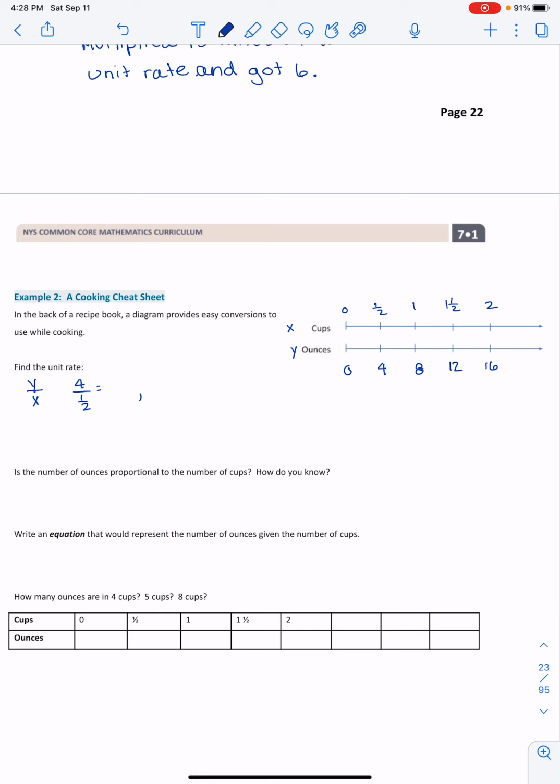We are going to divide 8 by 1. We are going to divide 12 by 1 1/2. And then we are going to divide 16 by 2. Well, if I divide each of these, I am going to get 8 each time.